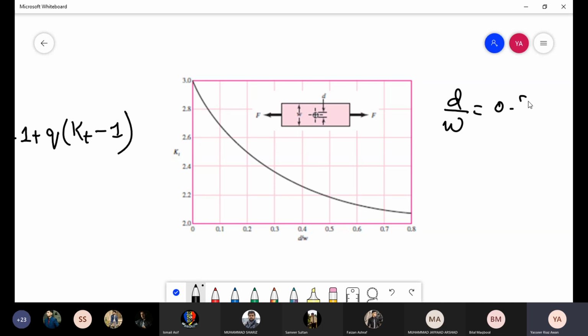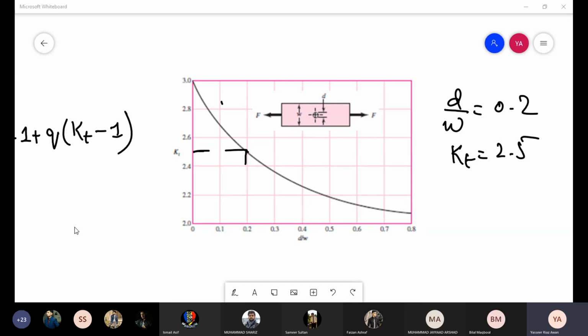So that would give you a d/w ratio of 0.2, and for 0.2 this Kt value is somewhere around 2.5. And for q, obviously we have to look at the notch sensitivity table.